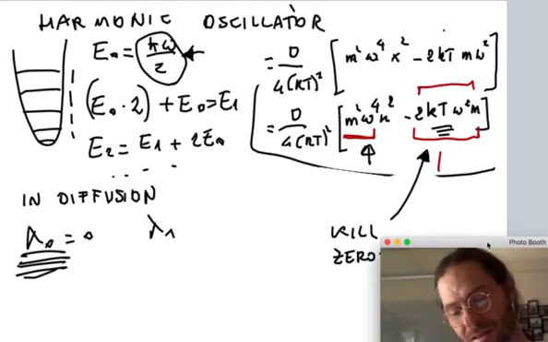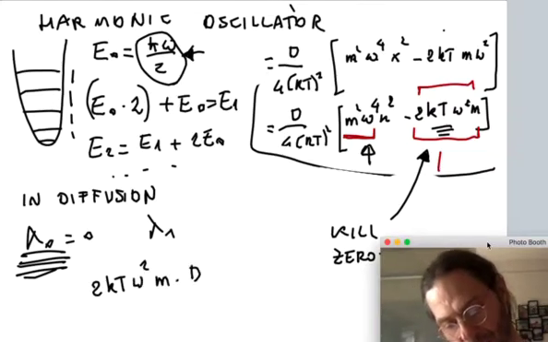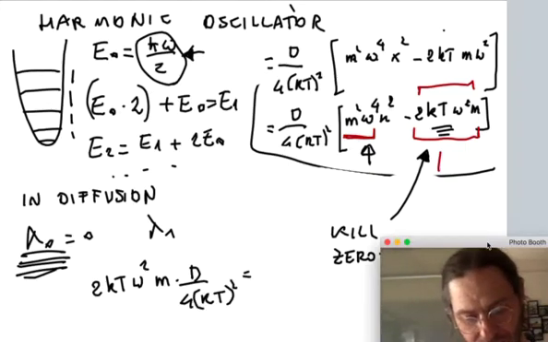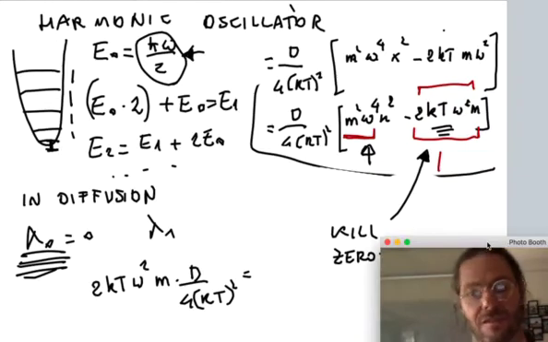So this means that the following quantity, 2kT omega squared m times D over 4kT squared, is actually the equivalent of this zero-point energy that sits here.